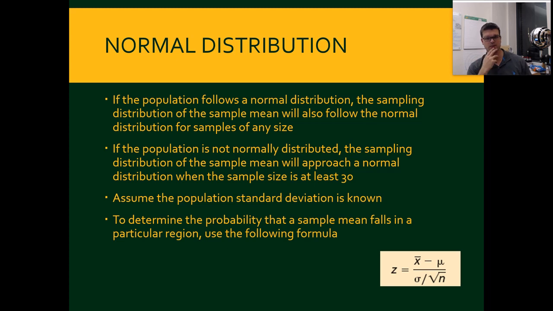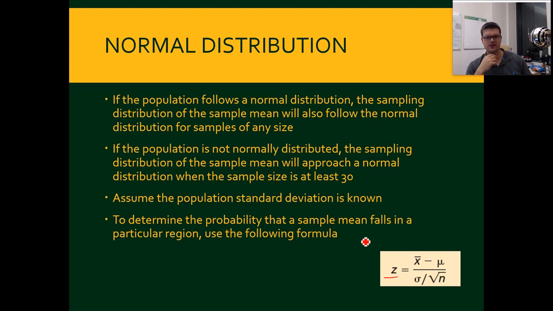Okay, so to determine the probability that a sample mean falls within a particular region, you've got to use the following formula. This right here is the z-score. We're calculating the z-score of the sample that we're taking. Say we pull a sample and we want to determine the probability of this sample occurring.